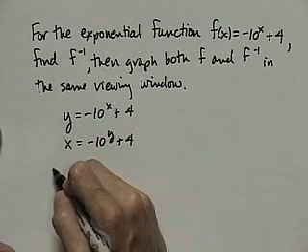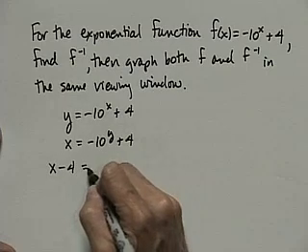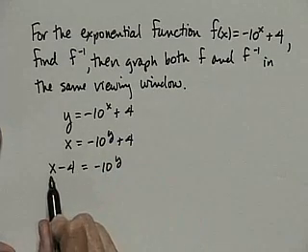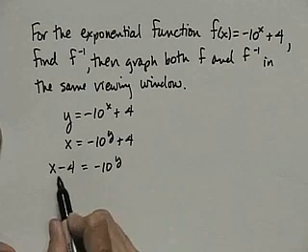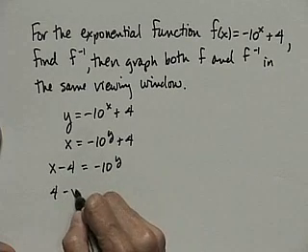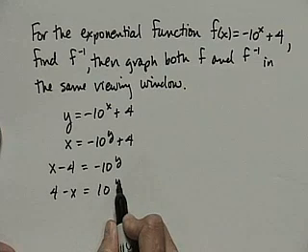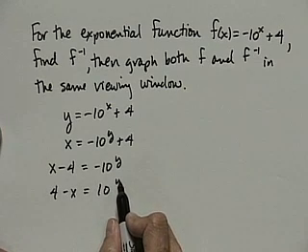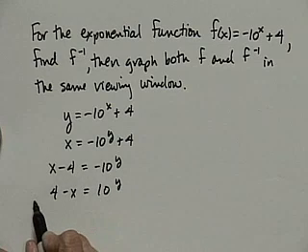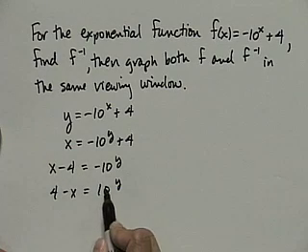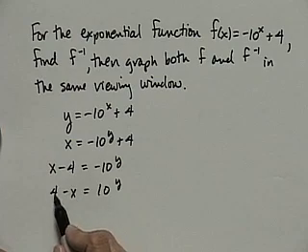I'll start by subtracting 4, multiplying each side by negative 1. And what that will do to the left is change the signs of both terms. And now if I want to solve for y, y has to be expressed as the exponent I would attach to 10 that would give me 4 minus x.